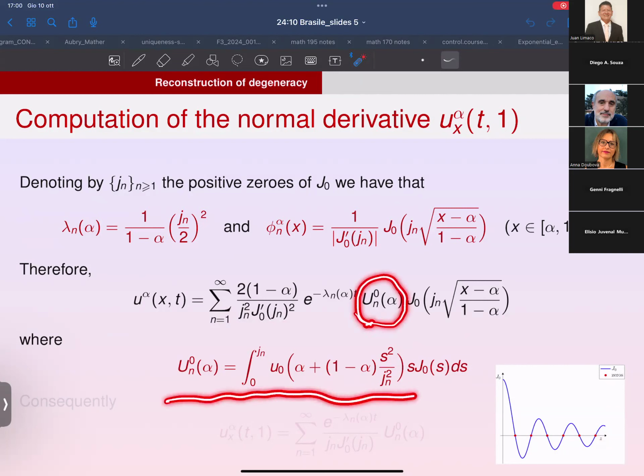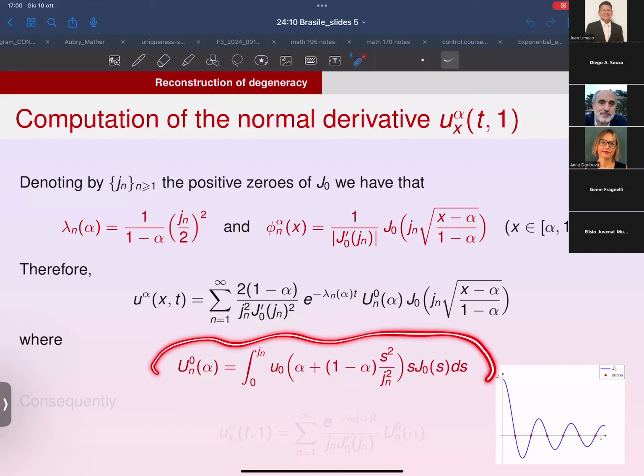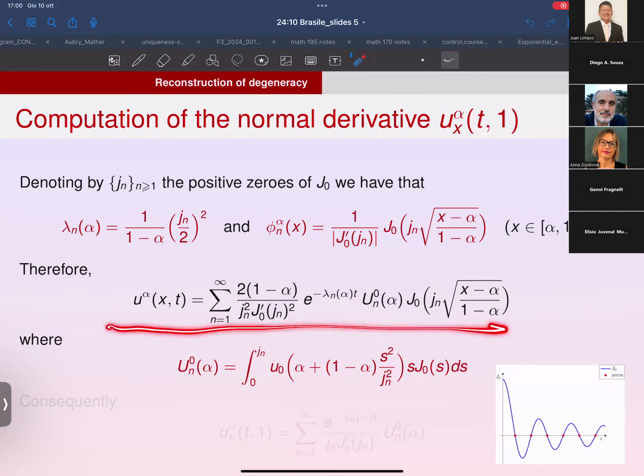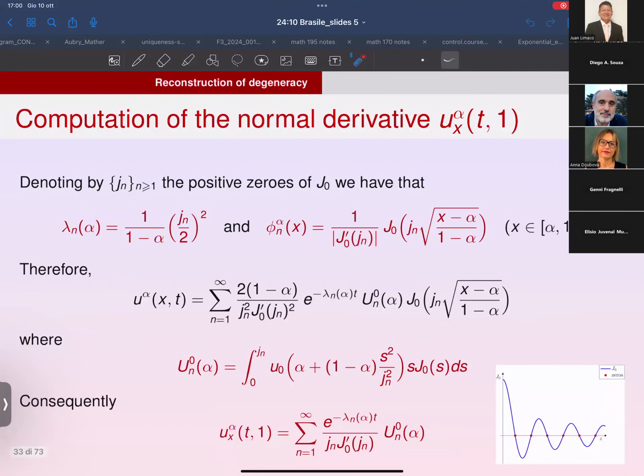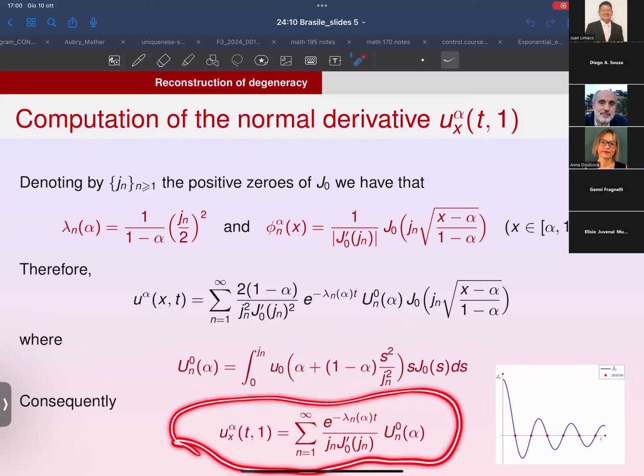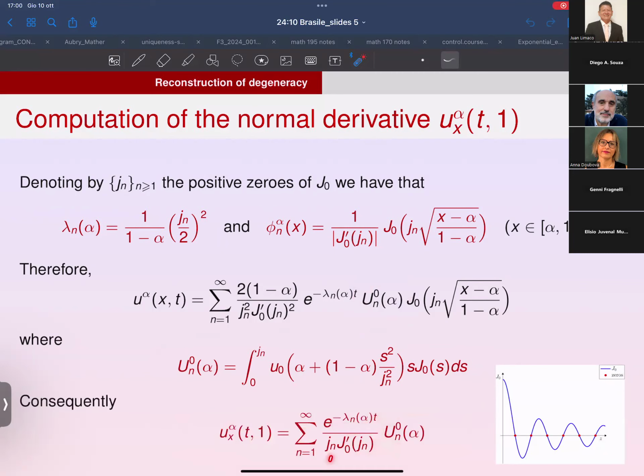So these u_0n are the Fourier coefficients of the initial datum u0 with respect to these eigenfunctions, after again performing some change of variables. Once you have the solution, you can compute the normal derivative at 1, with this simpler expression: Fourier coefficients, eigenvalues, zeros, and derivative of J_n.